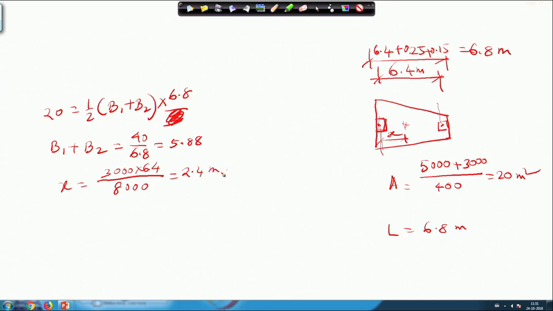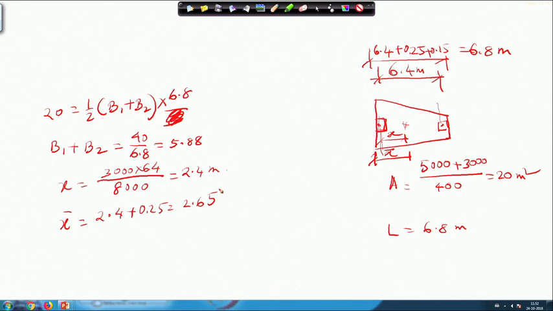And that means your x bar, from the edge to the center of the footing, will be 2.4 plus half of the column width, that means 0.25, that is 2.65.